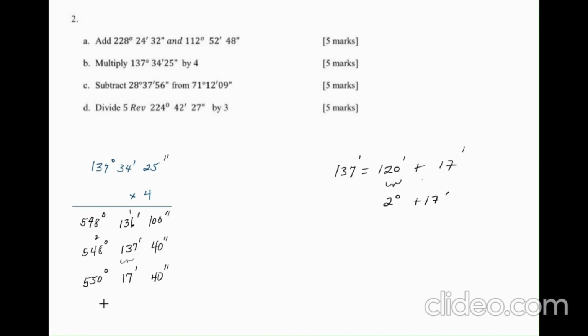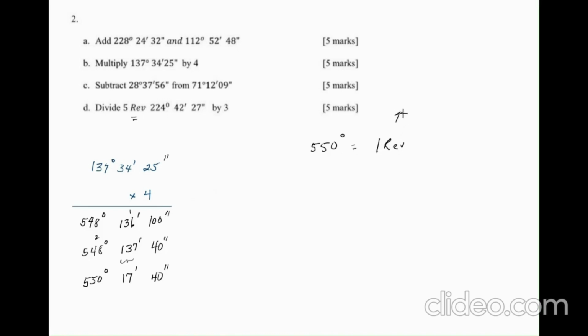Now, if you're working with revolutions as it appears you are, you're still not done. Why am I saying that? Because you know that a revolution is 360 degrees. So 550 degrees can't be greater than 360. So I've got to take 360 out and carry it over to one revolution. So this becomes one revolution.